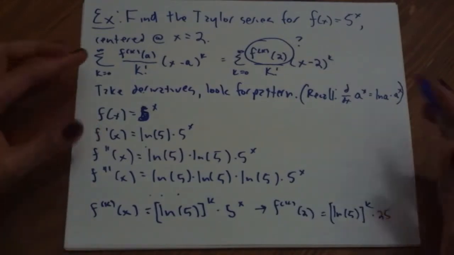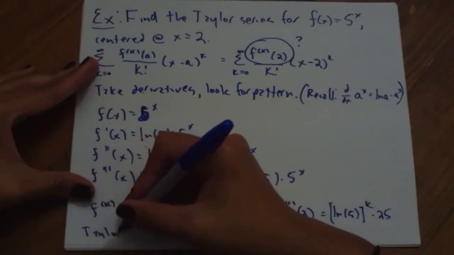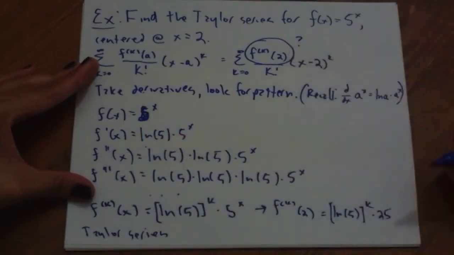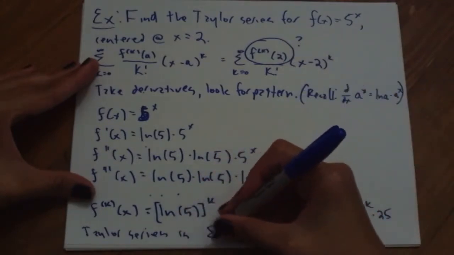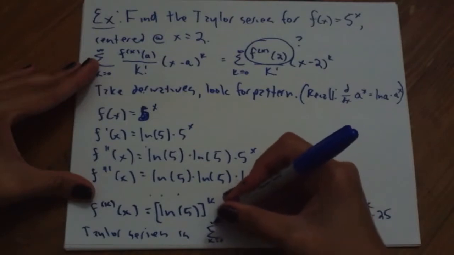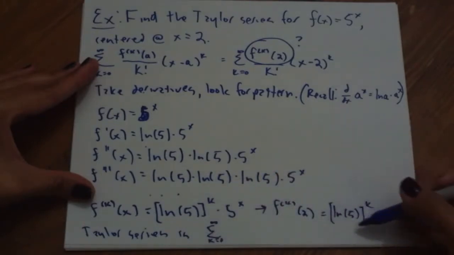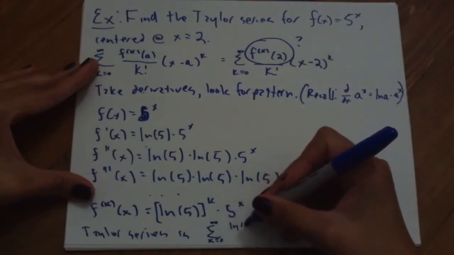So when I go to take this back to my series, my desired Taylor series is basically going to be this formula with my appropriate pattern for the derivative plugged in. So I'm looking at my sum from 0 to infinity of, we said this is my kth derivative at 2, so this guy's going to go right in here.